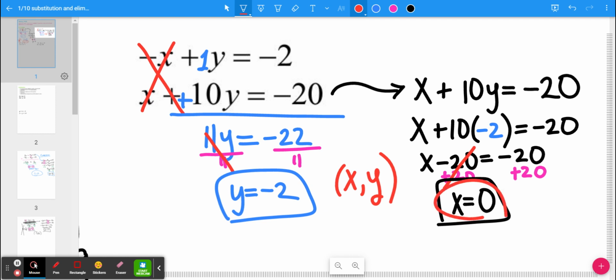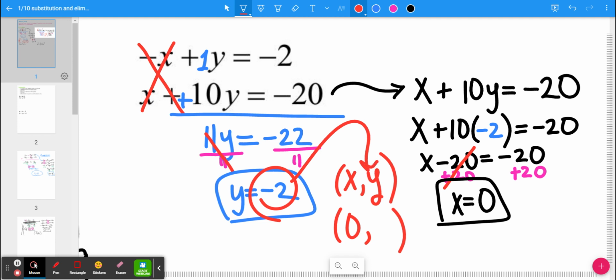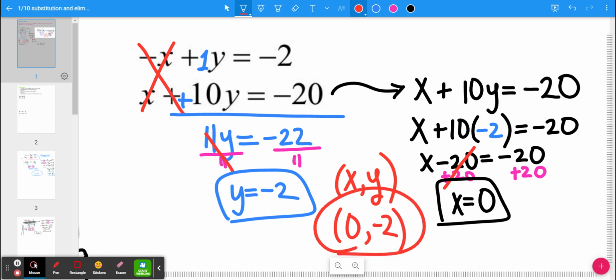Well, x is equal to 0, so I'll put that here. And y is equal to -2, so I can plug that in for y right here. And this would be your final answer. So these two lines that we have would cross at the point (0, -2). So that is the solution to the system of equations.